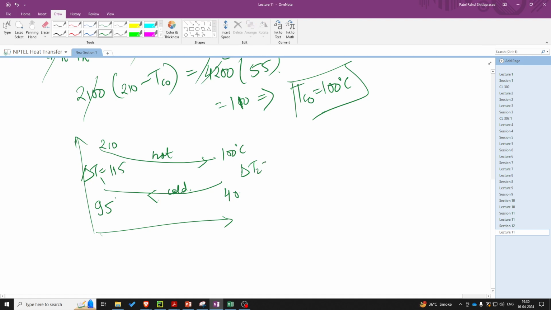Similarly, delta T2 over here will be 60 degrees Celsius.